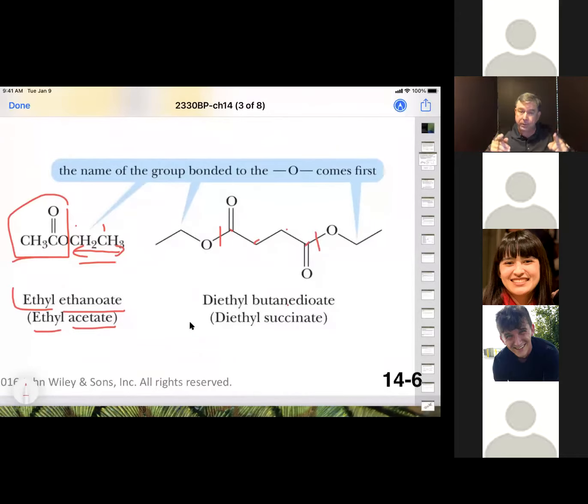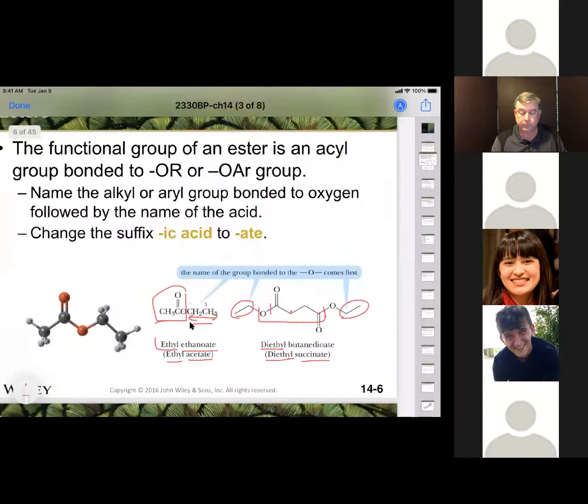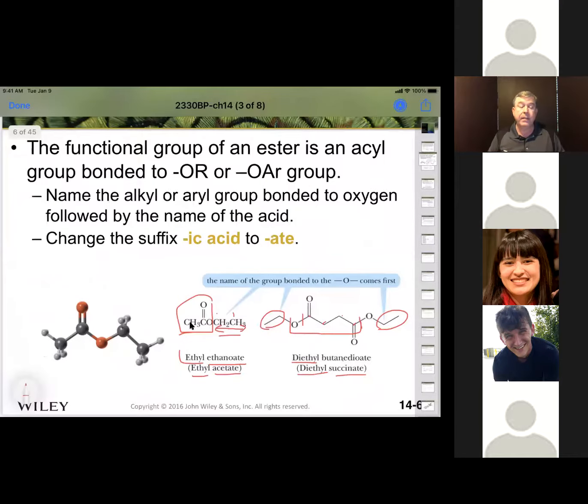But we have to remember the attachments, and we have an ethyl group here and an ethyl group here. So we have diethyl butane dioate. But this also had a special name. This is succinic acid. So succinic acid and diethyl succinate. And that works with any group bonded to it, an alkyl or an aryl group.